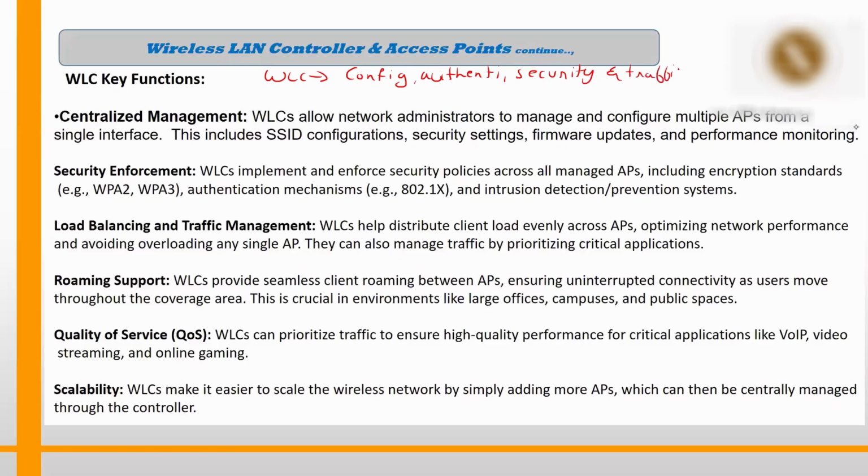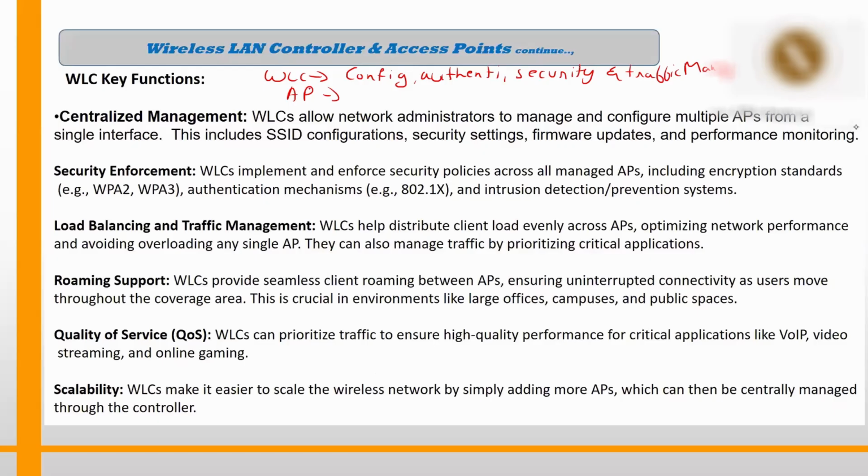Not in all cases for traffic management, only in a few cases. And the access point operates as a lightweight access point. Okay, lightweight mode. It works in a lightweight mode.